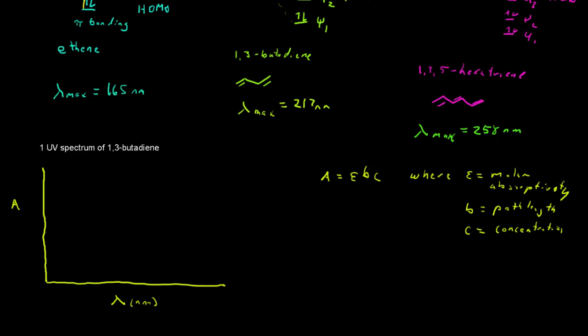So starting at about 200, there's no reason to carry this out into the visible portion of the spectrum. So we'll stop at 400, because as is true with most simple organic compounds, 1,3-butadiene does not absorb visible light. And so we're going to see something that looks like this.